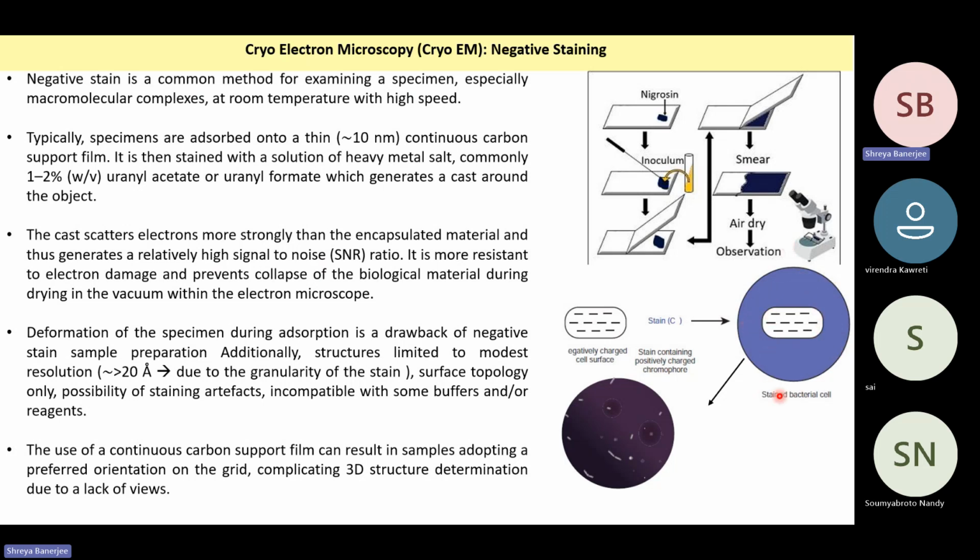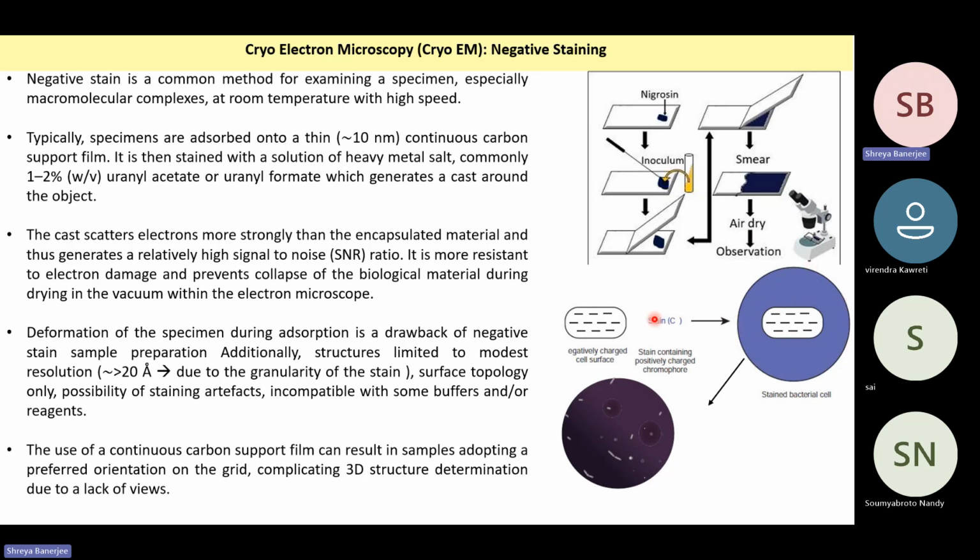Also, this layer is more resistant to electron damage and prevents collapse of biological material during drying in the vacuum within the electron microscope. So electrons, we saw that in a normal electron microscope, can hit the cell and destroy the cell. But if you have this layer of stain protecting the cell, that will not happen.